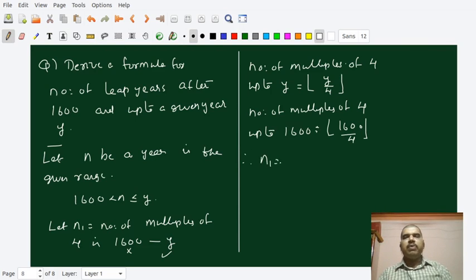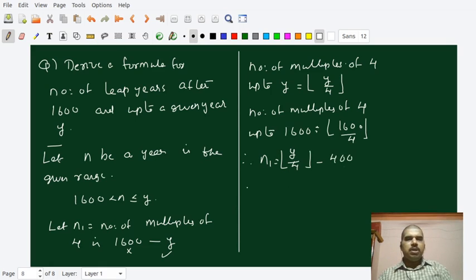For finding n1, we need to take all multiples of 4 above 1600 and less than or equal to y. Therefore, we need to remove all 4 multiples up to 1600 from all 4 multiples up to y. Therefore, n1 is equal to y by 4 minus 1600 by 4, that is equal to y by 4 minus 400.